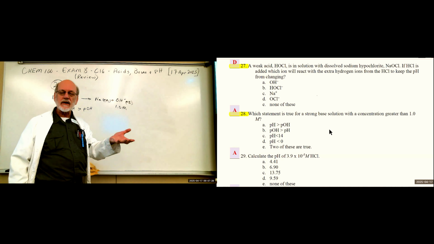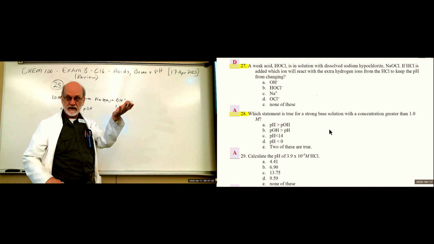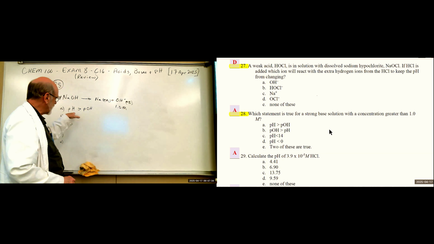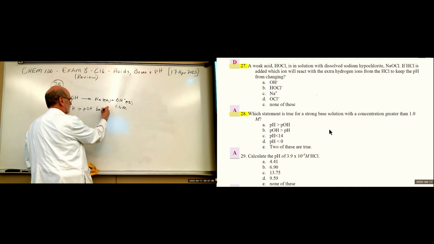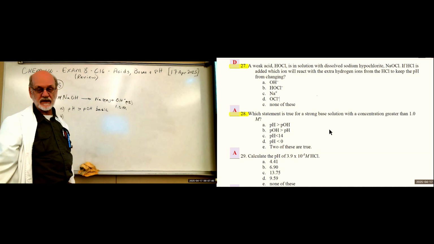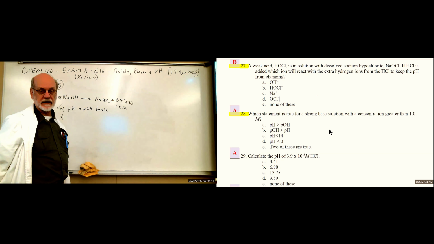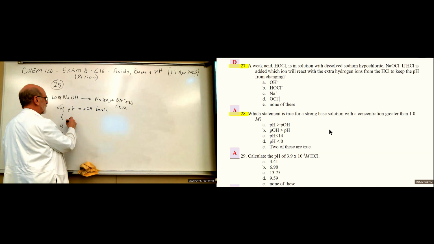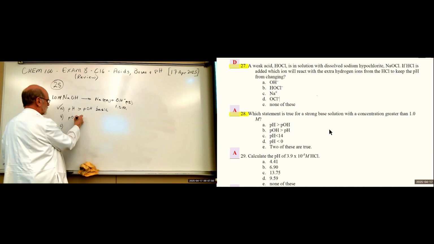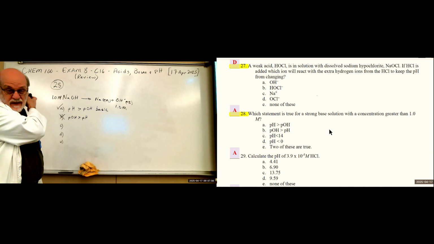So if we increase the hydrogen ion concentration, pH goes down. That's toward the acidic. So if pH is greater than pOH, this is basic. Definitely basic. And that's true. pOH is greater than pH. Well, it can't be both. You have to have one or the other, so that one can't be it.